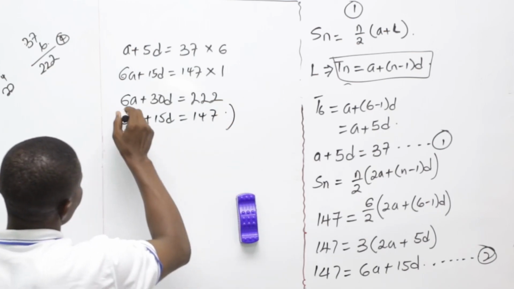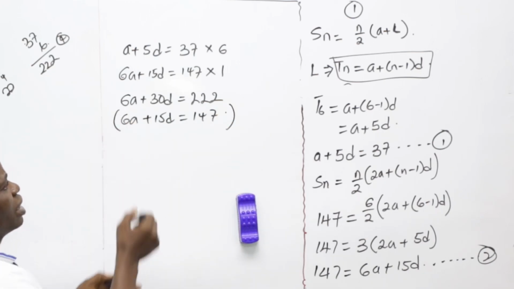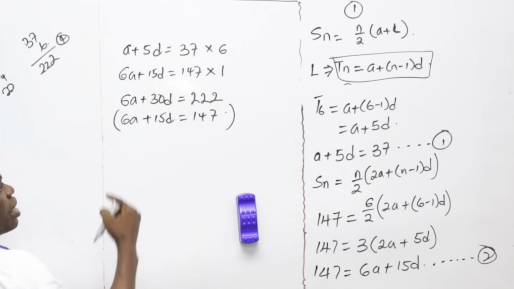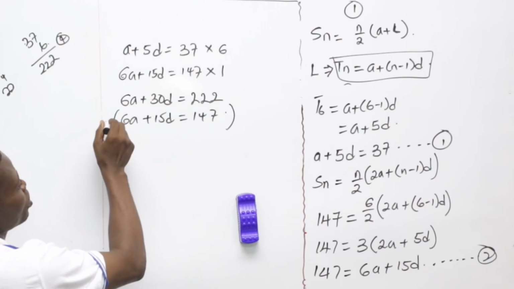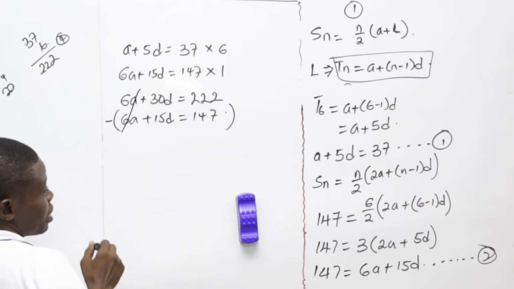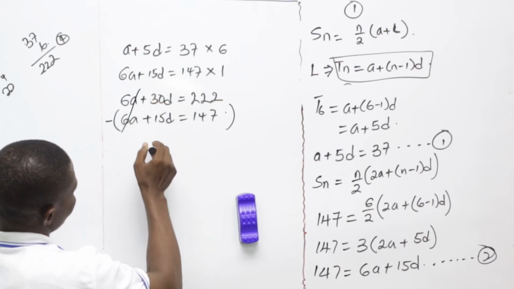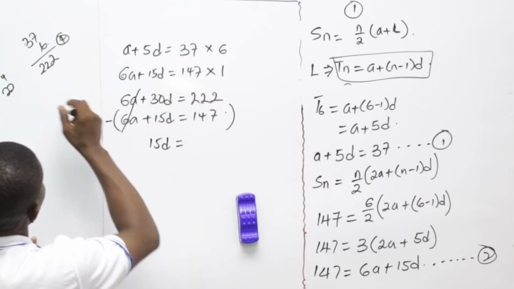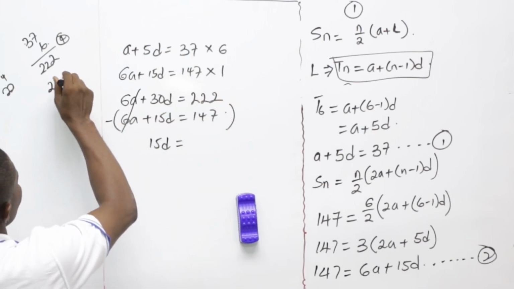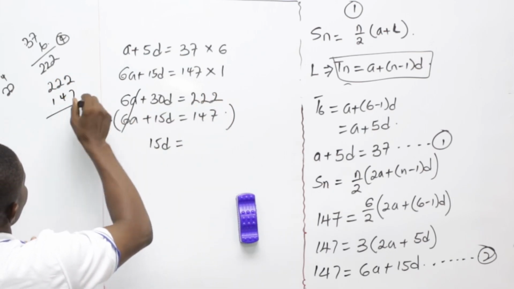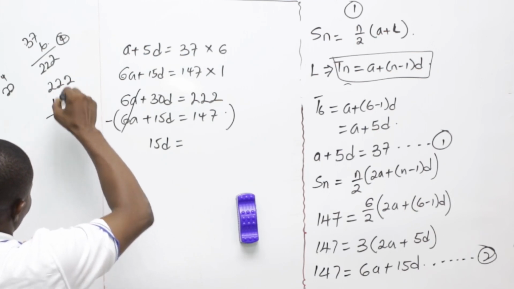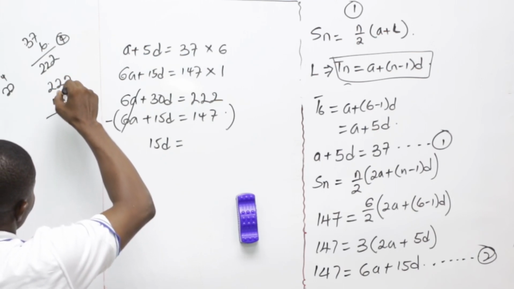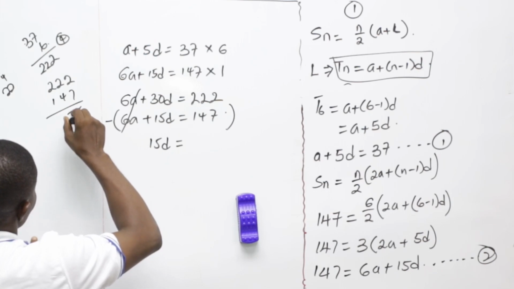Now, by elimination method, you can see that they are not equal, but the 6a terms are equal. Introduce a minus sign so they can cancel each other. So what remains here? 15d equals 222 minus 147. This is 5, 1 remains, 11 minus 4 is 7. That is 75.